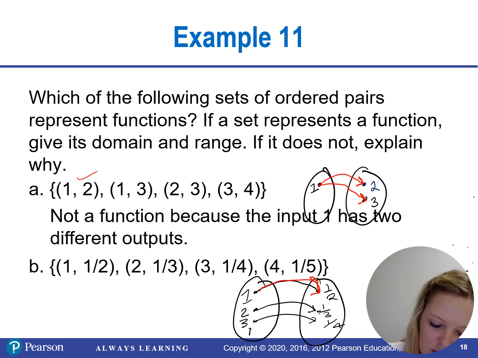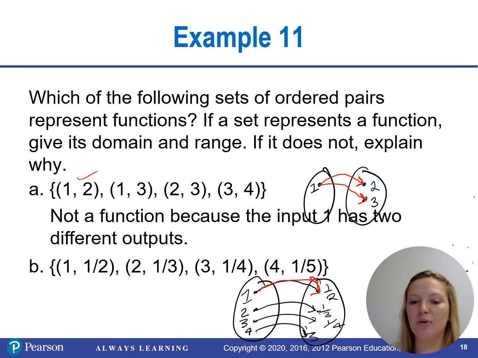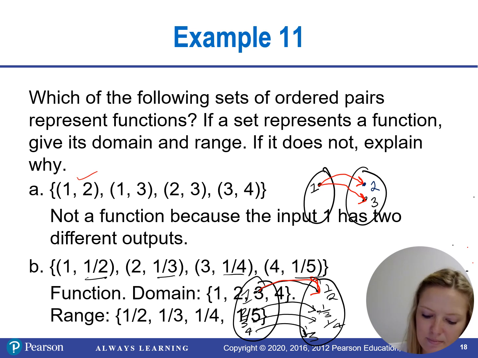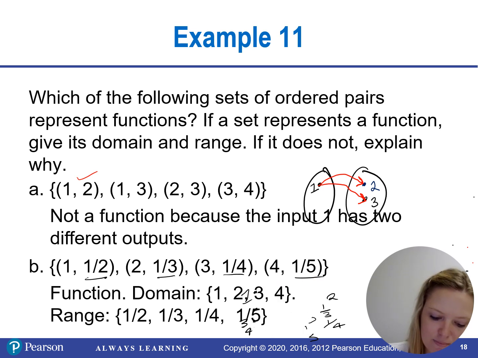And 4 mapping to 1/5. So this is a function. Every input has exactly one output, and our range in this case is going to be 1/2, 1/3, 1/4, and 1/5. And our domain is all of our inputs, 1, 2, 3, and 4.